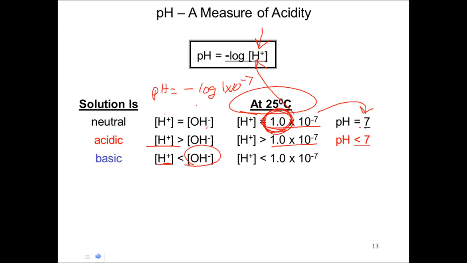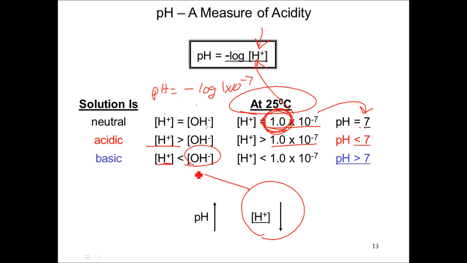If the hydrogen ion concentration is less than 1 times 10 to the minus 7, then the pH is going to be greater than 7. pH will increase as your hydrogen ion concentration decreases. Again, hydrogen ion is going to drive the acidic nature of your solution. A low pH is going to be acidic. So if you have a high pH, meaning as your pH increases, that means you must have fewer hydrogen ions.